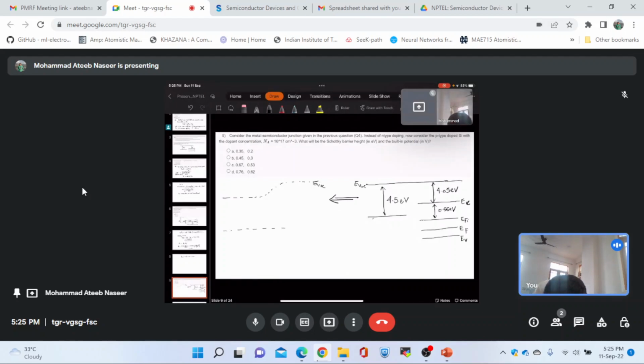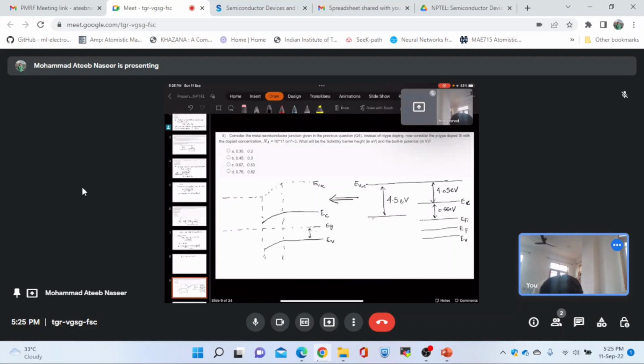Since the electron transfer has occurred from the metal side, now there will be an abundance of electrons at the contact. Let me draw it like this so that it's clear. This will be the conduction band. This will have more concentration of electrons near the surface. This will be the valence band, and this will be the band gap.